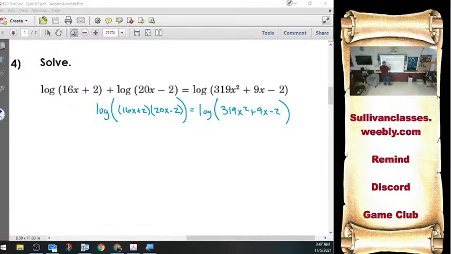So I'll distribute. 320x squared, negative 32 plus 40 is plus 8x minus 4.